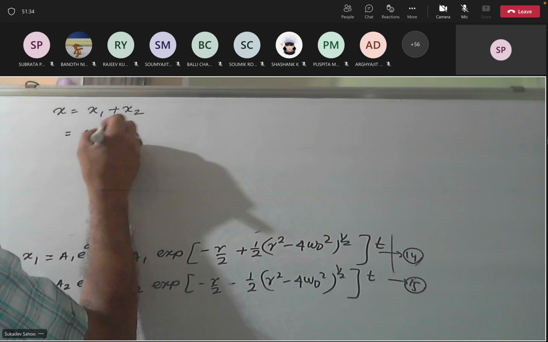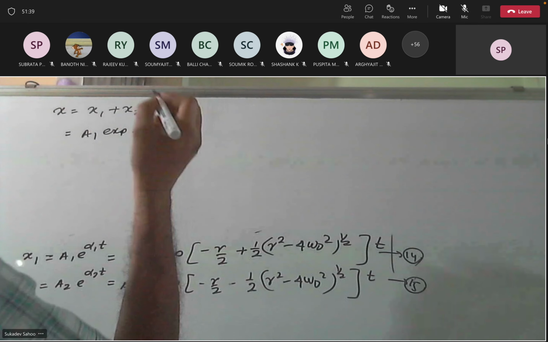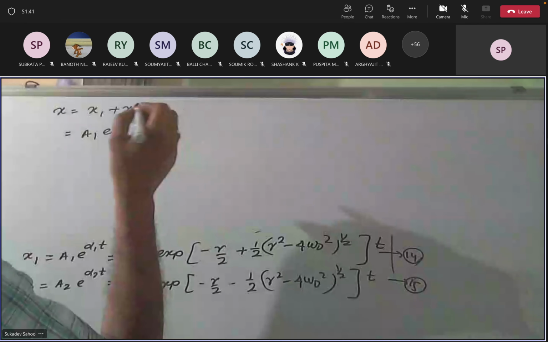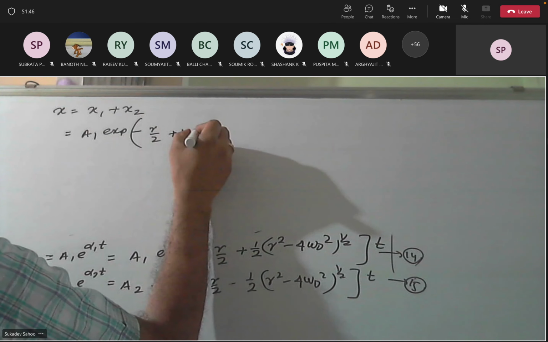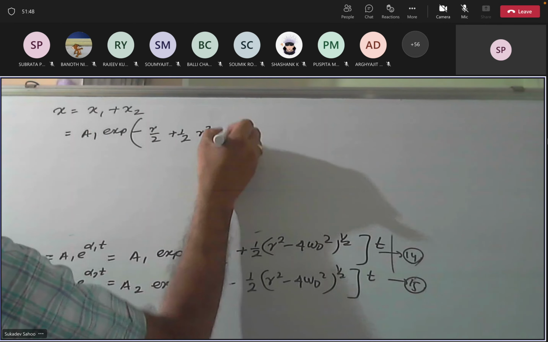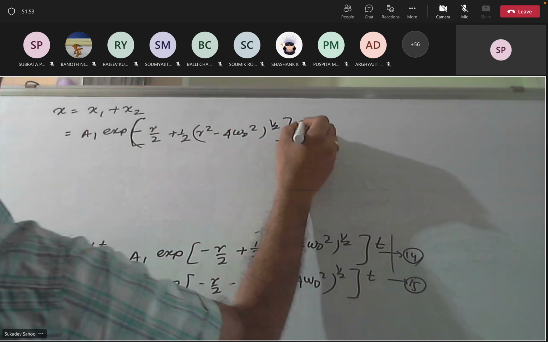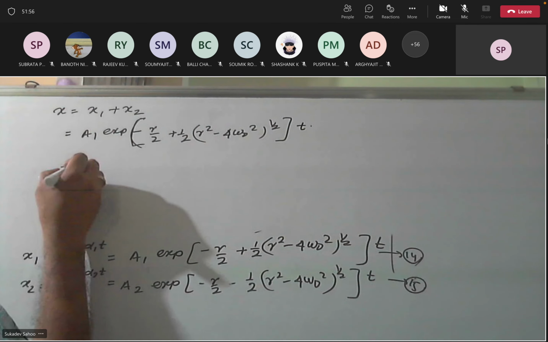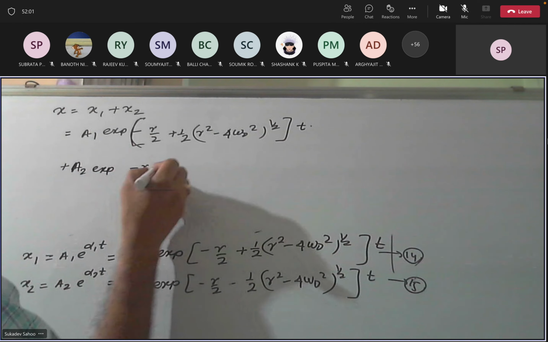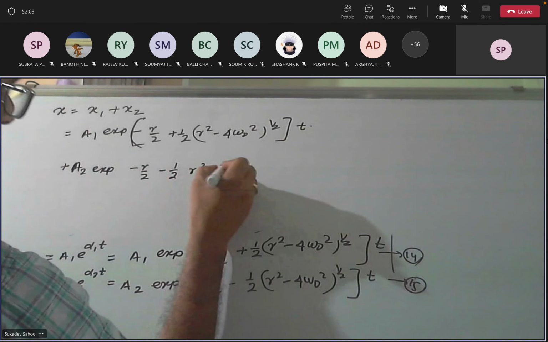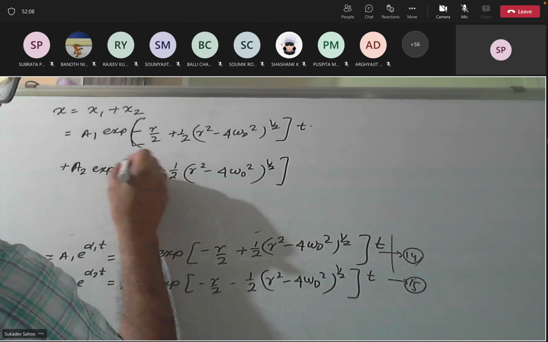So a1 exponential minus gamma by 2 plus half gamma square minus 4 omega 0 square to the power half t, plus a2 exponential minus gamma by 2 minus half gamma square minus 4 omega 0 square to the power half t.